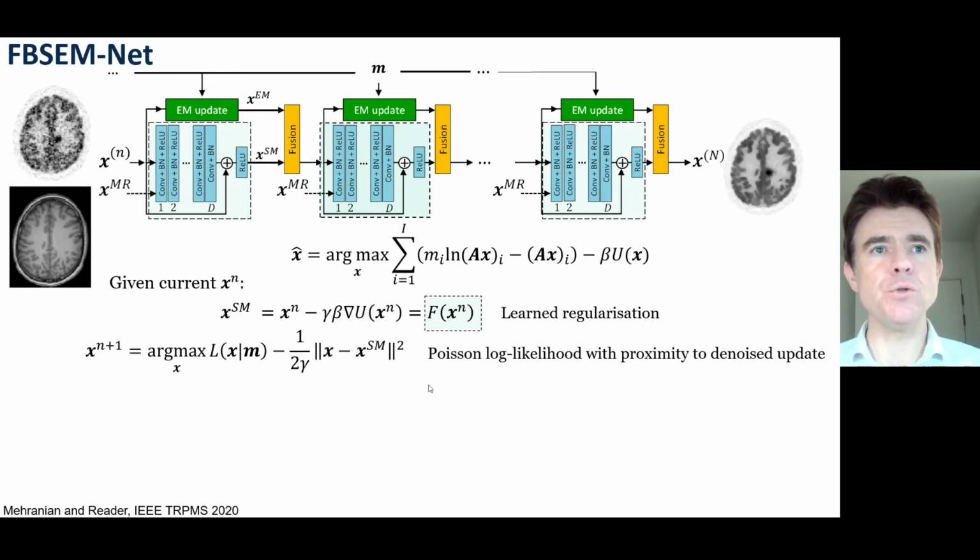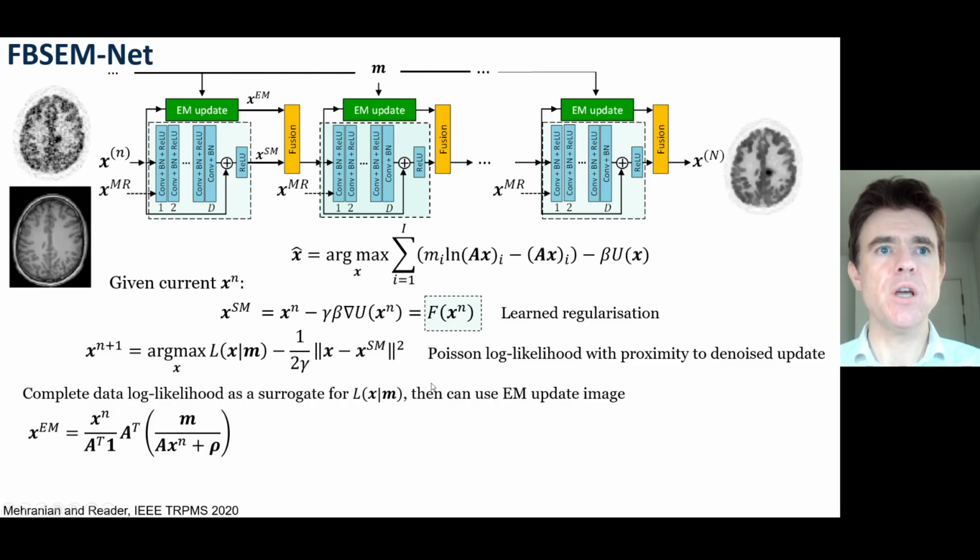And what we do to achieve the solution to this, the next update, which is based on maximizing this expression, what we do, as we always do in fact, when we're using the EM update, is use a complete data log likelihood. That's the conditional expectation of the complete data log likelihood.